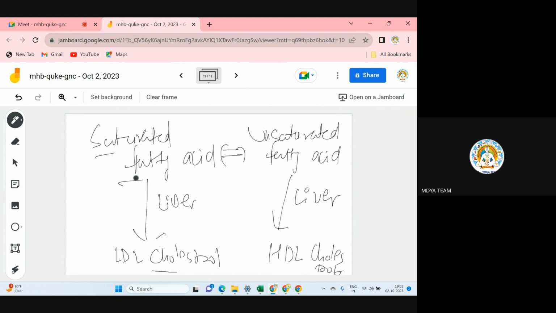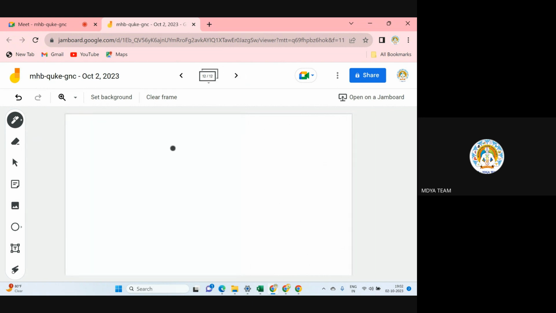Okay, one more point left in this, you can write this. The production of LDL cholesterol and HDL cholesterol also depends on one more thing, on our lifestyle.